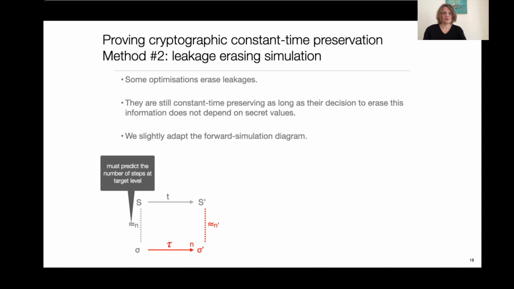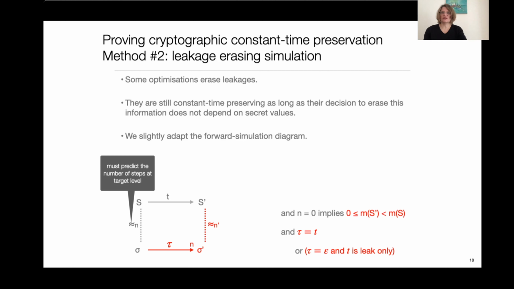So now we need to prove a simulation diagram. As before, we need to prove that there exists a target state sigma prime that matches with S prime and that is reached in exactly n steps from sigma. So this is why we needed n in the simulation relation.